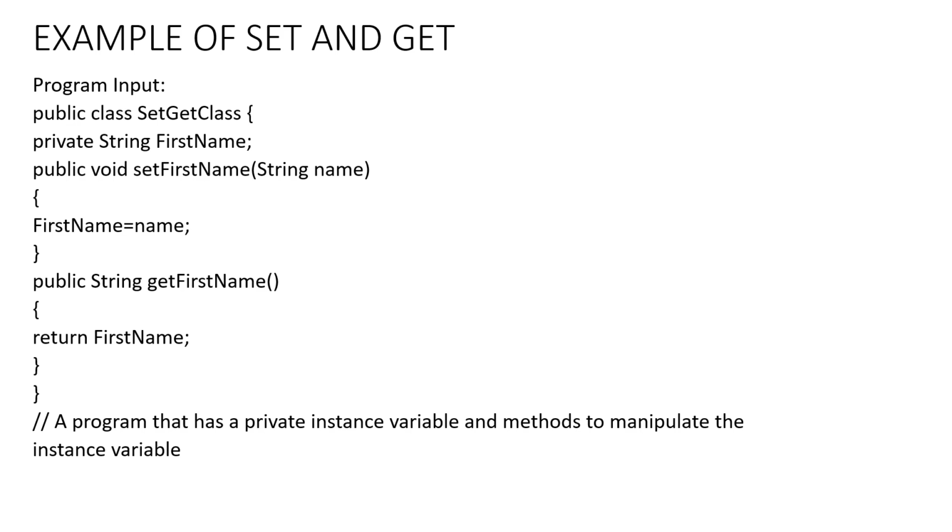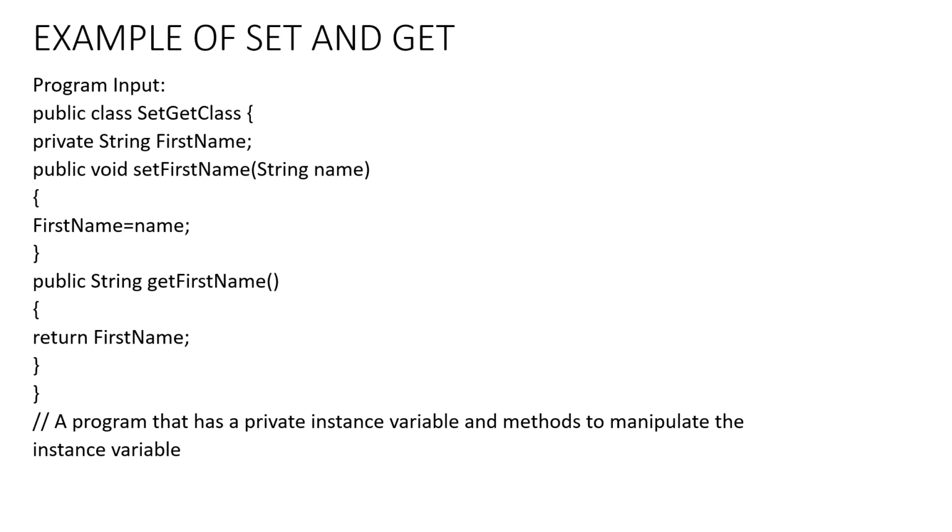So it is to manipulate the instance variable of that class to retrieve a value. So getFirstName will then return firstName. This is returning a value, and that's why we have return firstName.